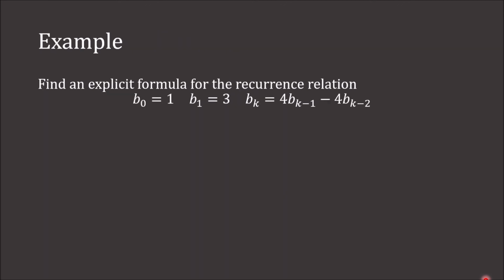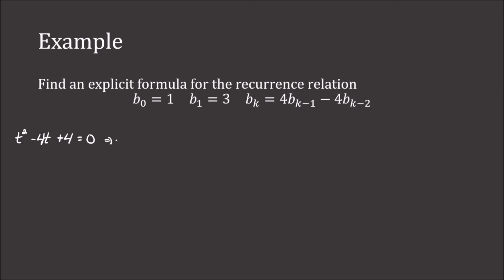So let's go ahead and solve this relation. So first thing we do is set up our characteristic equation. So we get t squared minus 4t plus 4 is equal to 0.